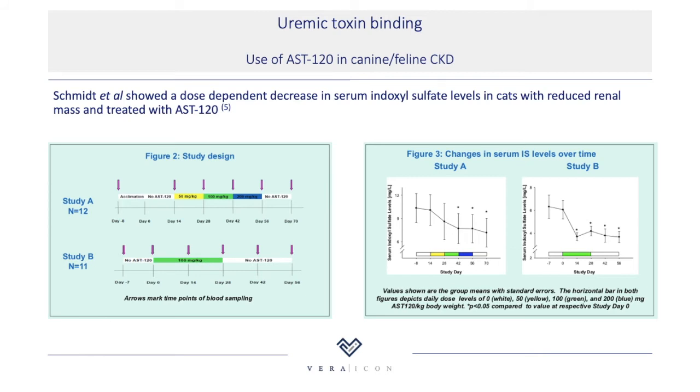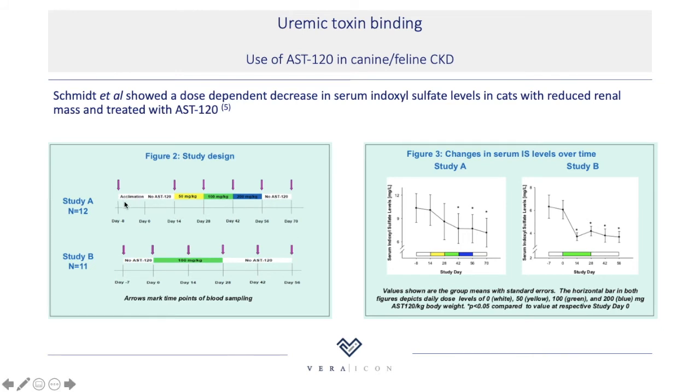Now, quite some years ago, there was a poster presented at an international congress where in this study, AST120 was used in an experimental model of CKD in cats, and it was tested if it was possible to bind or to diminish serum indoxyl sulfate concentrations in cats with induced renal failure.